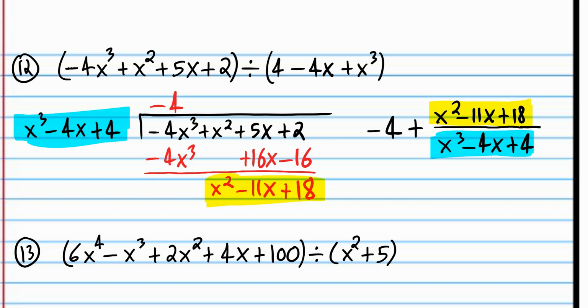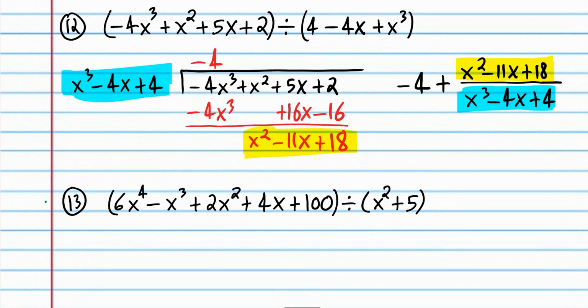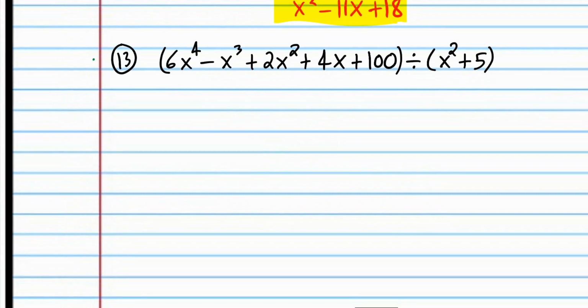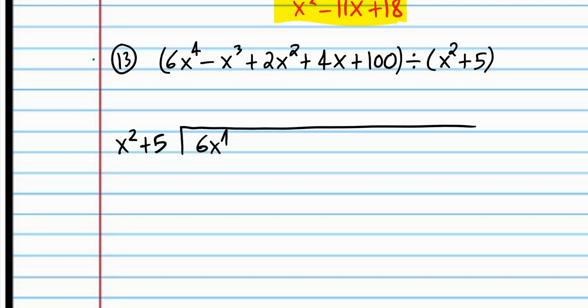So now it's time for you to try. Go ahead and attempt number 13. And when you come back, we'll do it together. Okay, we're back. So as usual, I'm going to write the divisor at the far left first, and then I'm going to write the dividend.